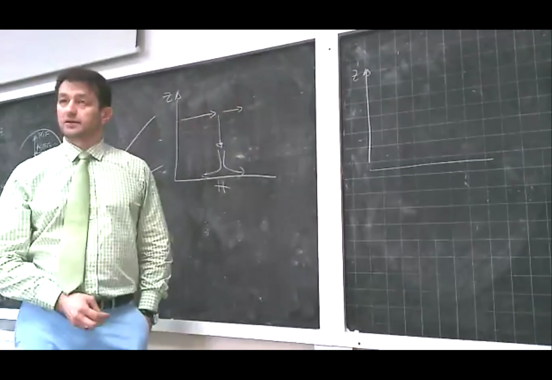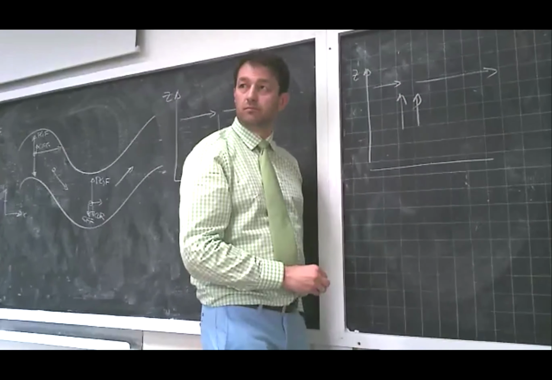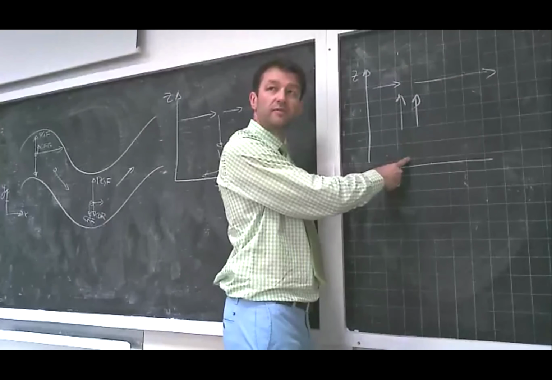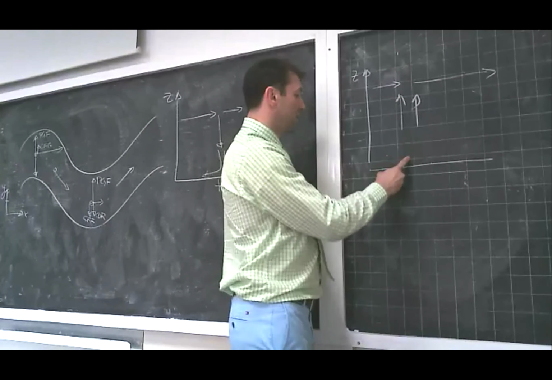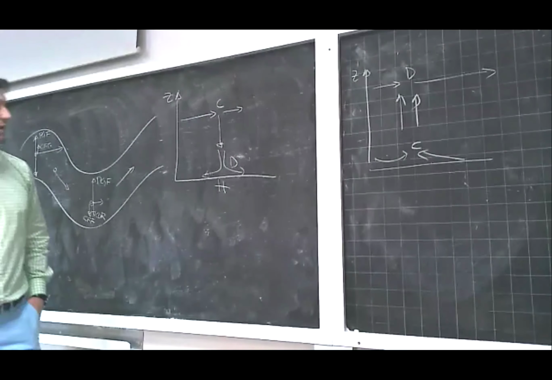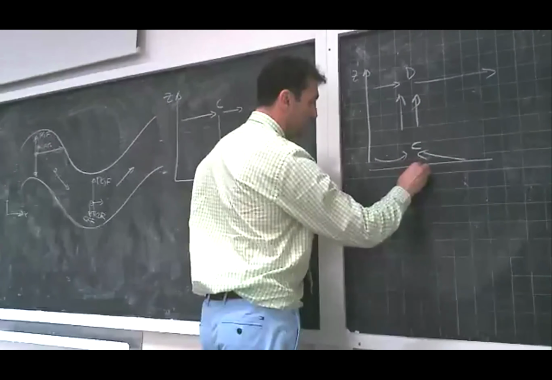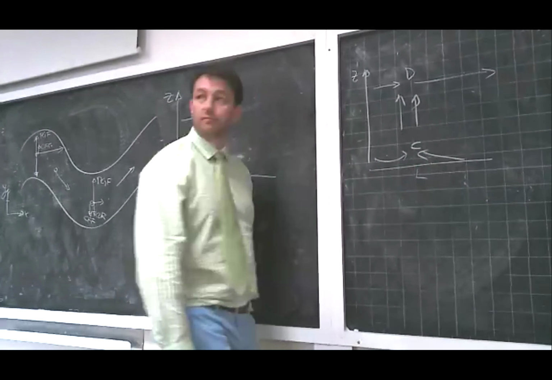Where did the mass come from? I mean, you are removing mass. So the mass has to come from below. But you cannot end up with a vacuum over here. So you have divergence at higher elevations and convergence at lower elevations. This is the center of the cyclone, low pressure.